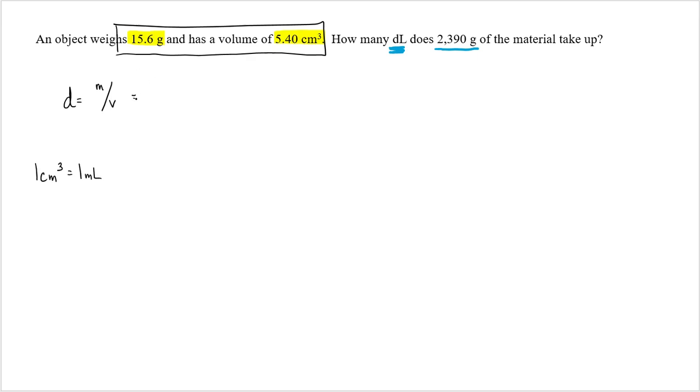So I'm just going to plug in 15.6 grams divided by 5.40 cubic centimeters, and that gives me a density of 15.6 divided by 5.4, 2.89. I'm going to round it to 3 significant figures because each one of my measurements is 3 significant figures, so 2.89 grams per cubic centimeter.